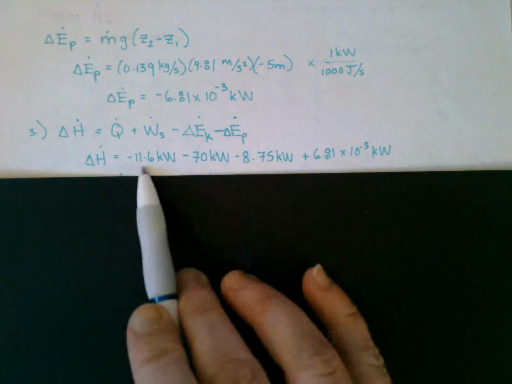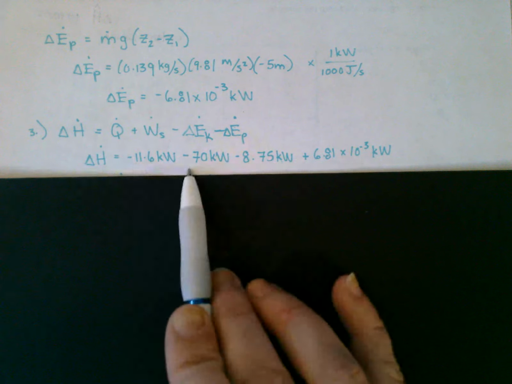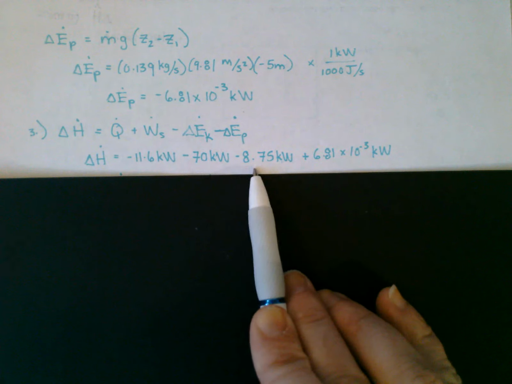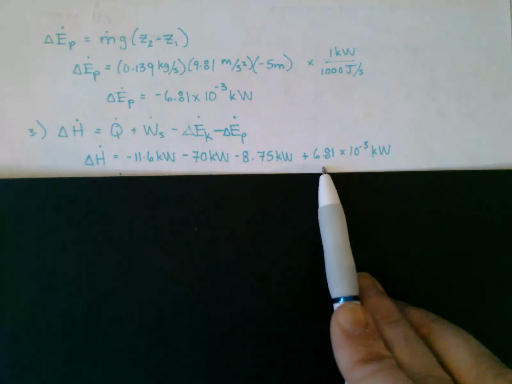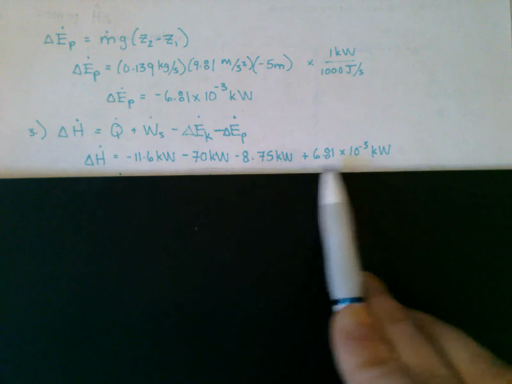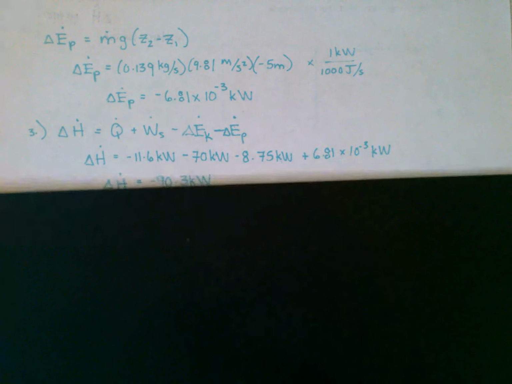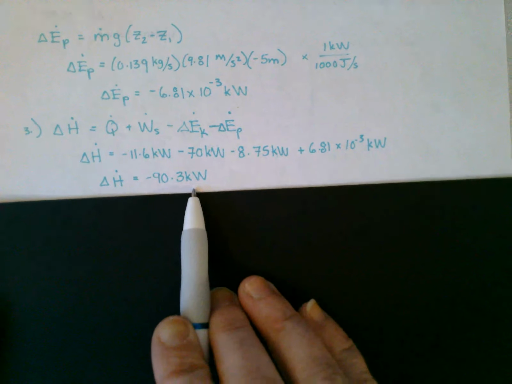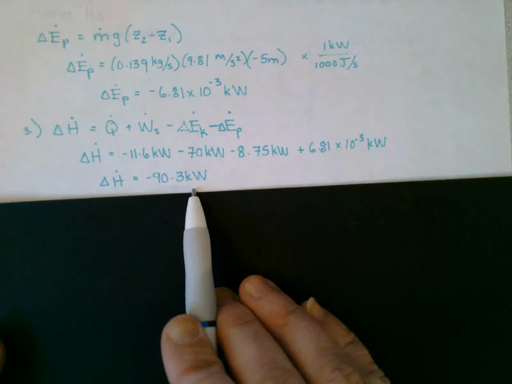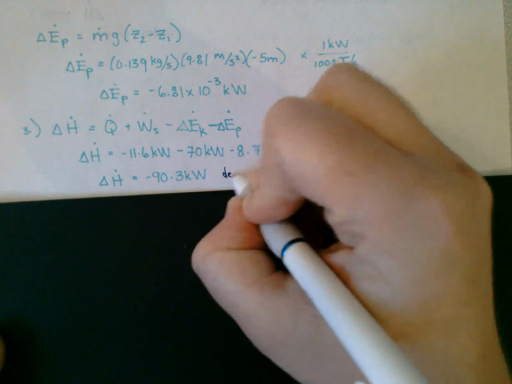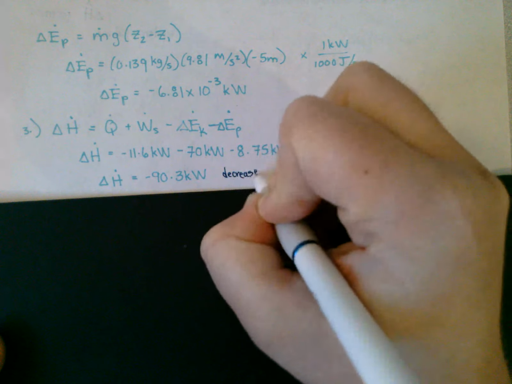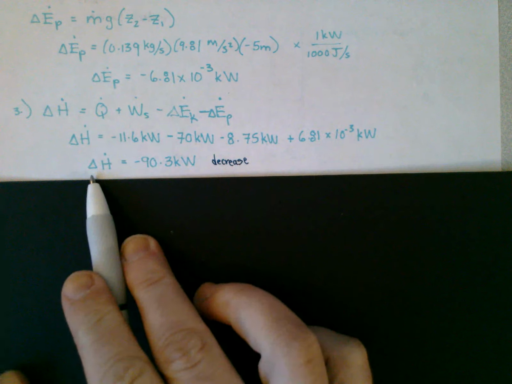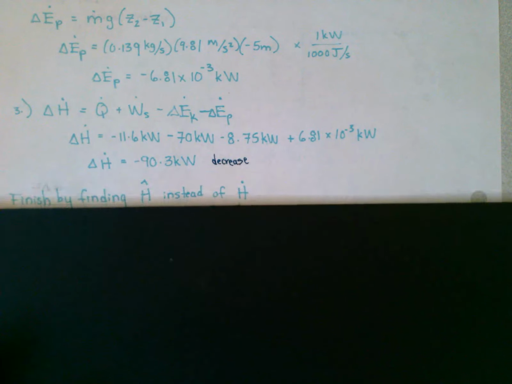So you'll notice here that we have a negative for Q, a negative for W, a minus a positive 8.75, and a minus a negative 6.81 times 10 to the negative 3, which turns it into positive here. So the change in enthalpy is actually a decrease of 90.3 kilowatts, right? And so this is a decrease because it's a change. So your delta terms can be negative. That's okay for us.